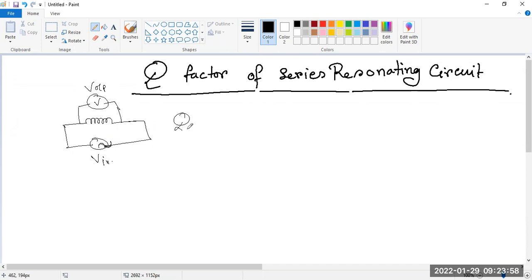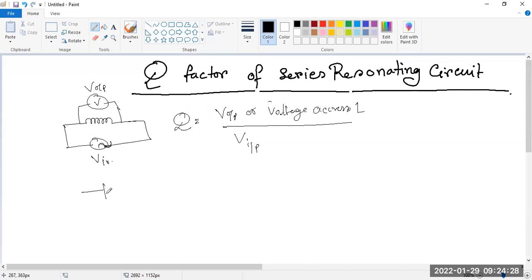Then the Q factor is the output voltage, or voltage across this inductor, divided by the input voltage, or the applied voltage. So this is called the Q factor.